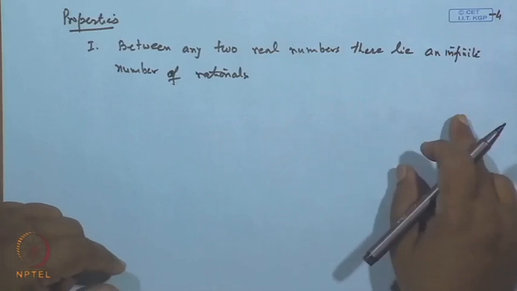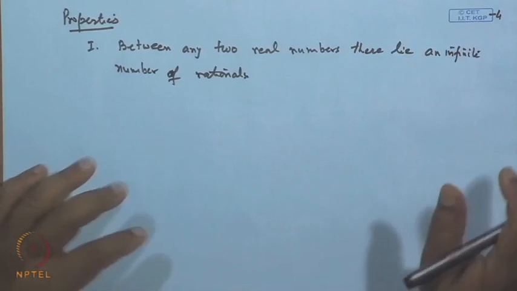Okay. Between any two real numbers there lie infinitely many rational numbers.